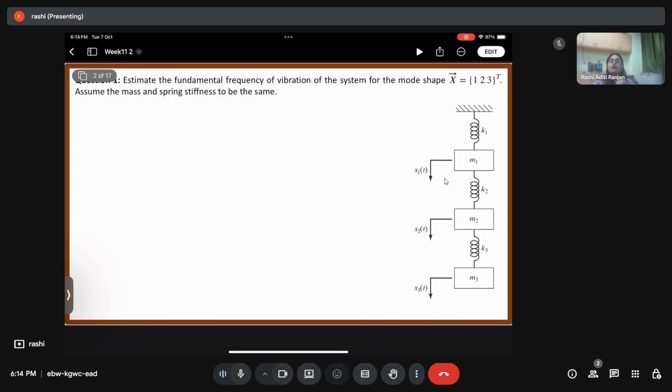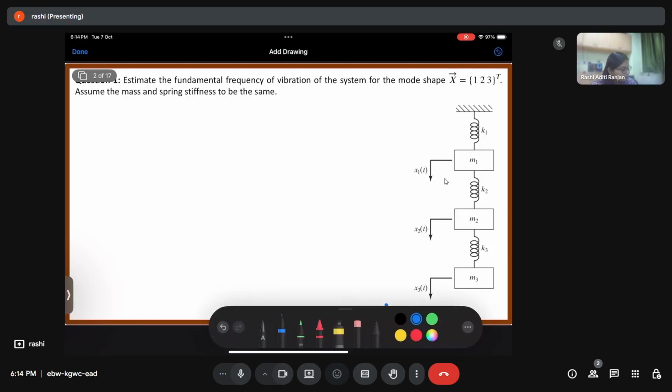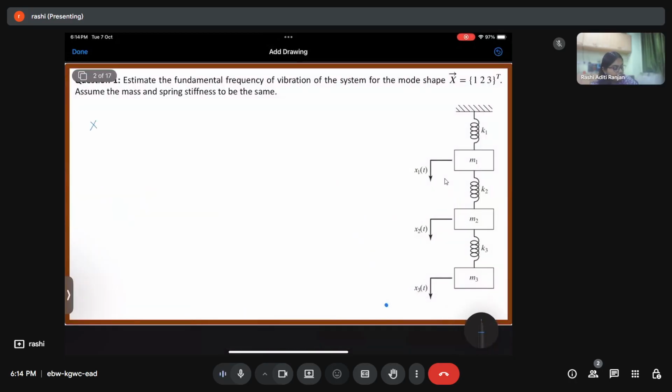For evaluating the fundamental frequency of vibration of the system, we have a particular mode shape that has already been given: 1, 2, and 3. We have to evaluate the fundamental frequency.